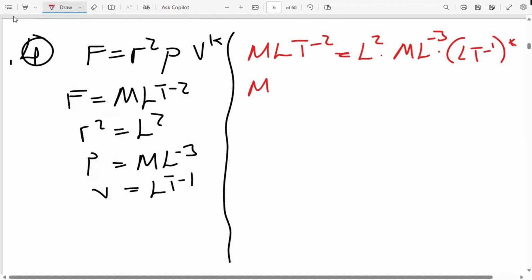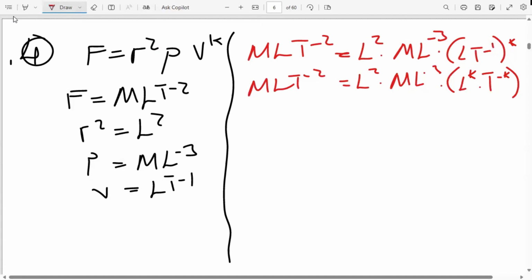So my M L T to the power minus 2 will be equal to L to the power 2 multiplied by M L to the power minus 3 multiplied by L to the power k multiplied by T to the power minus k. This is what I'm ending up with.